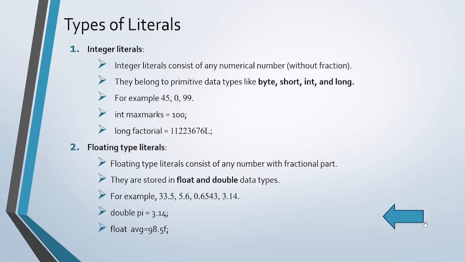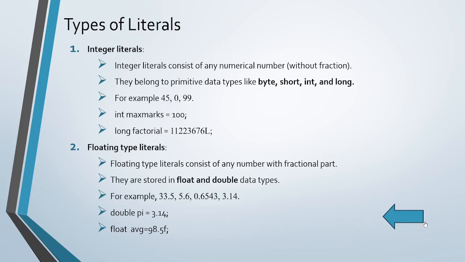Then the second type is floating type literals. Floating type literals consist of any number with a fractional part, and float and double data types store such numbers. For example, 33.5, 5.6, any number with a decimal part.